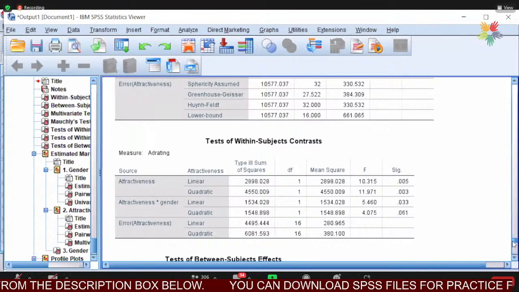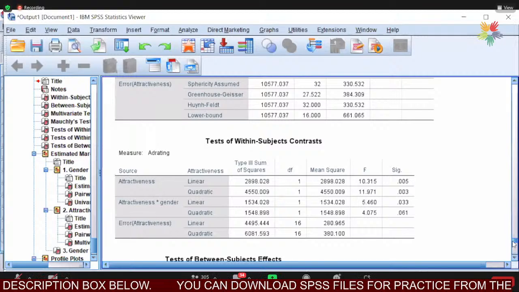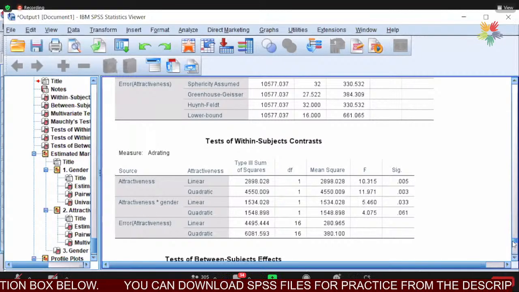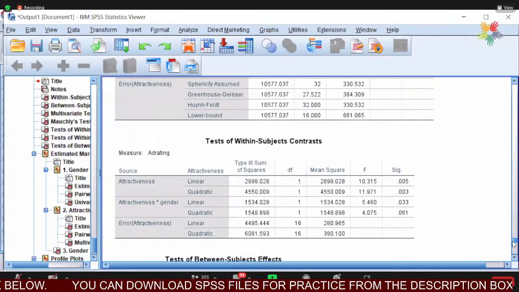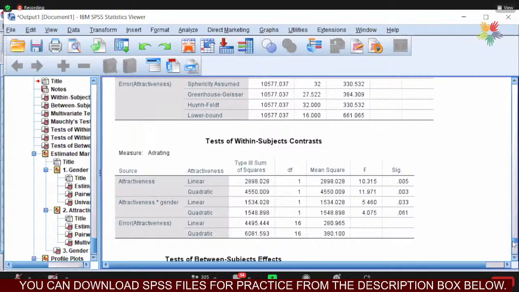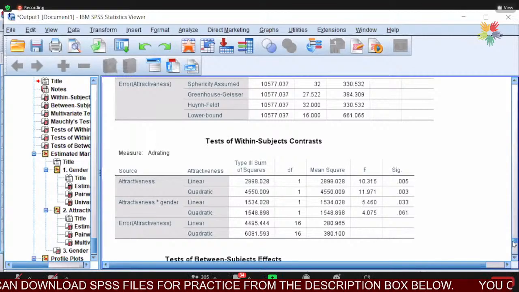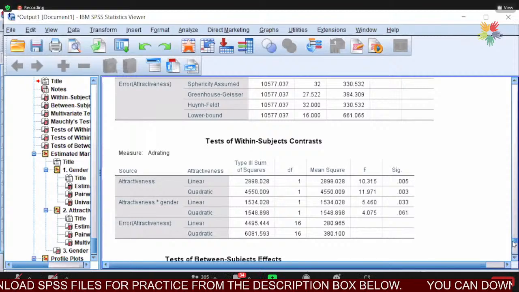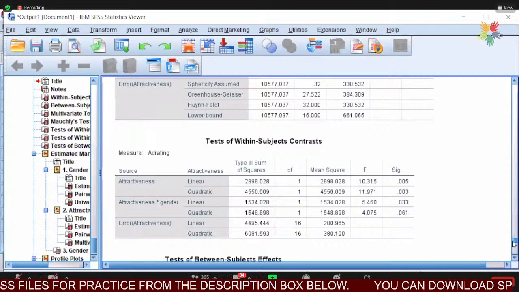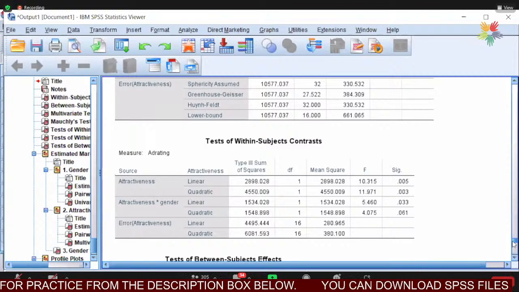I may not look into other things, because this will be applicable only to your sample, not to the universe, not to the population. That is why the applicability of non-parametric test is not that much. So you should go for the parametric test. That is number 1 point.